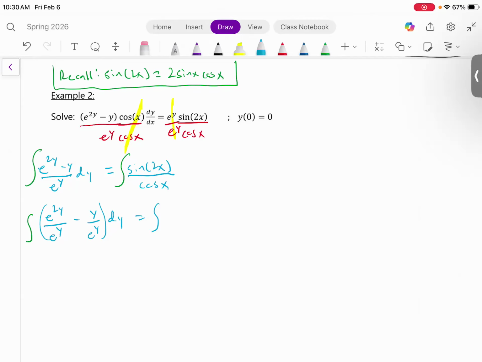Okay, so I could rewrite sine of 2x as 2 sine x times cosine x all over cosine x dx. Okay, so this works out great because the cosines cancel out here. And I can also cancel out on the left-hand side e to the y, and then that one of those copies of e to the 2y.